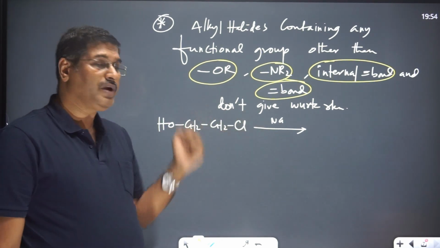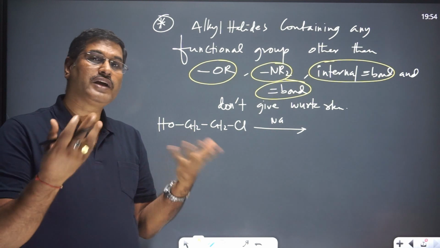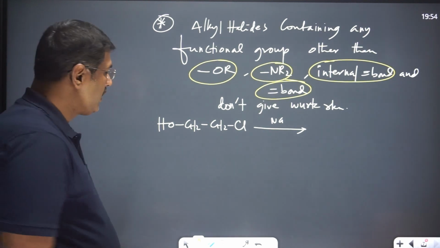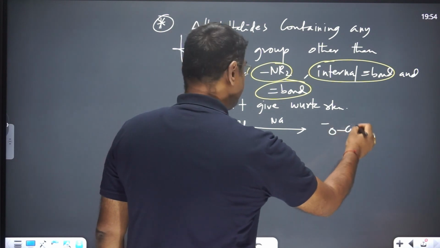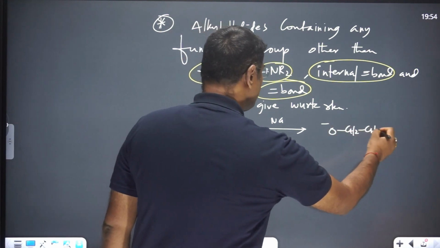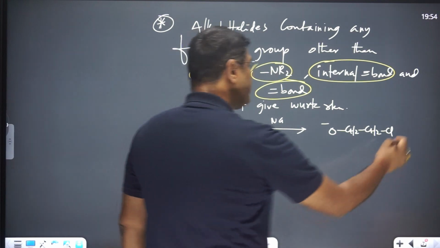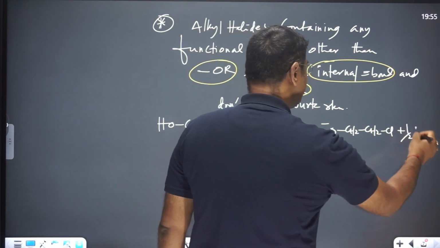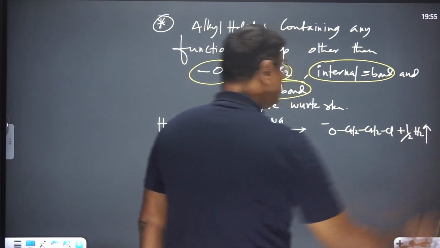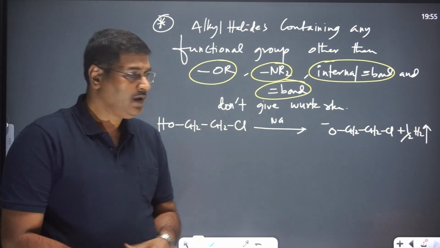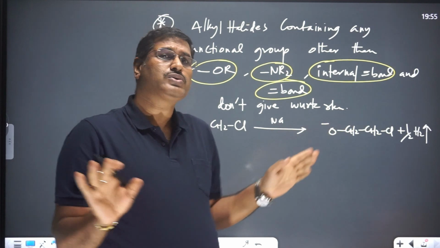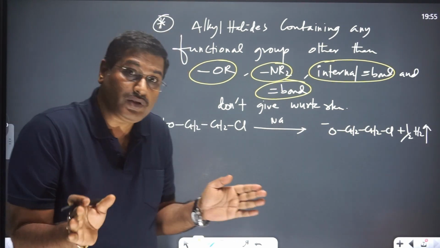This one is the active site. Hydrogen gas is released, and so this will be O minus CH2CH2Cl, and the hydrogen gas is released. This is the different thing.